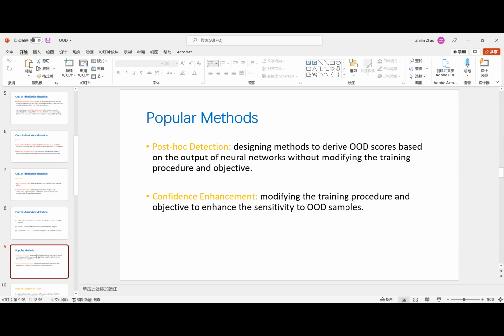Okay, actually so far there are two kinds of methods to detect out-of-distribution samples from different perspectives. The first one is post hoc detection, which means that for a network learned from an in-distribution data set, you design a detector for this network without modifying the training procedures and the objective function.